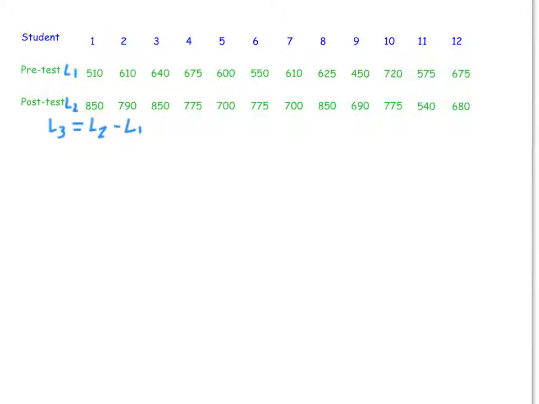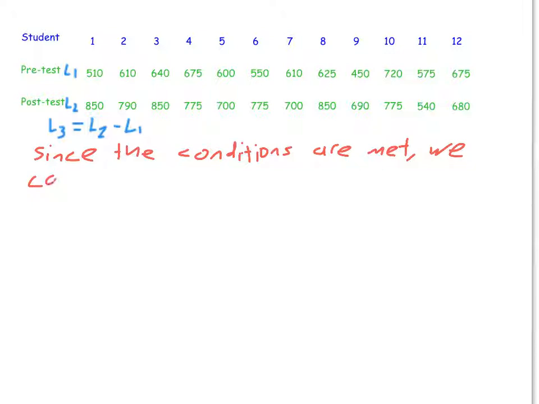Okay, so the conditions are the same as for the test. So I'm not going to write those again. You guys can pull those from your 11.2a notes. So right after the conditions, you're going to write, since the conditions are met, we can use a student's t-model.